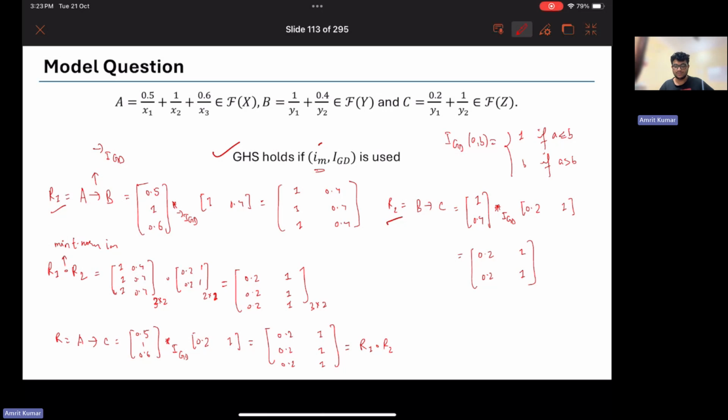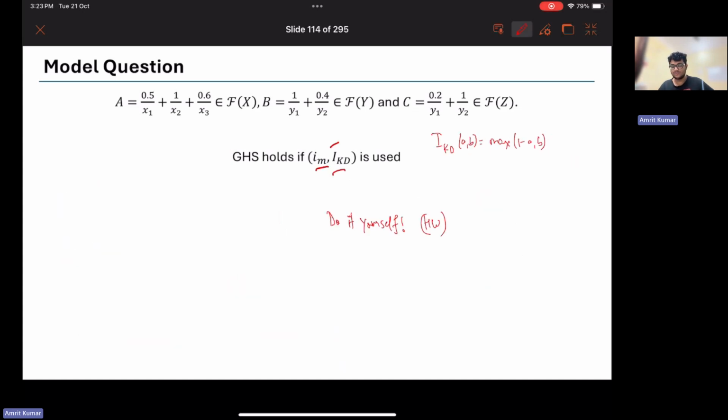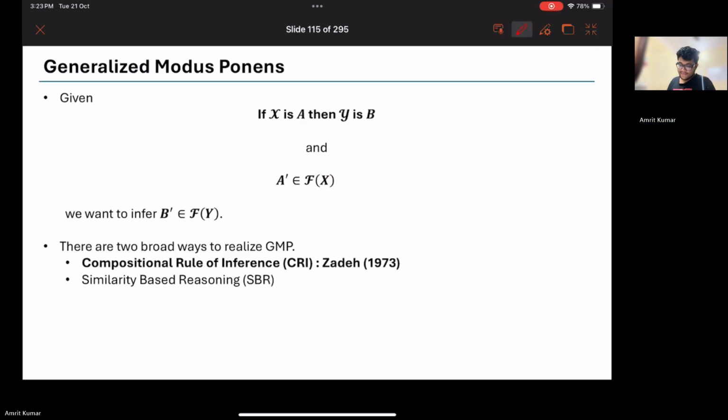R1 is obtained by taking the outer product of A and B. R2 is obtained by taking the outer product of B and C, do the composition, and see if this composition is equal to R, which is nothing but the outer product of A and C. And of course, here you need to take the outer product with respect to the Kleene-Dienes implication, and the composition has to be done with respect to the minimum T-norm, or in other words, you have to do max-min composition.